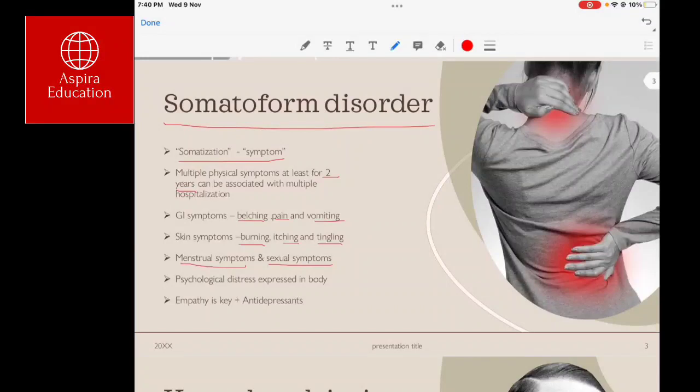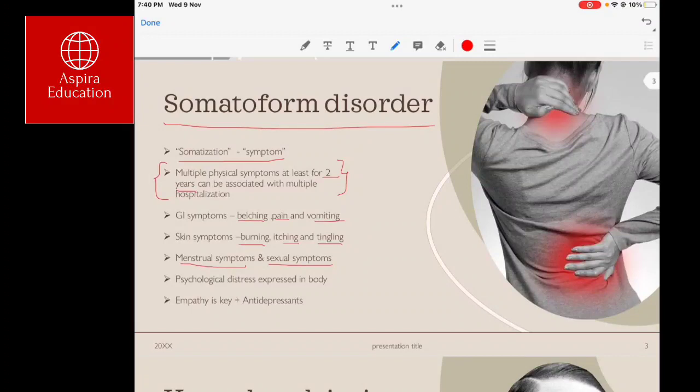So the main diagnostic criteria will be in this paragraph. They'll have multiple physical symptoms for a minimum of 2 years. To label a patient as somatoform disorder, you have to have these symptoms for 2 years, and they'll be associated with multiple hospitalizations. These patients usually come with big OPD files, big inpatient files.